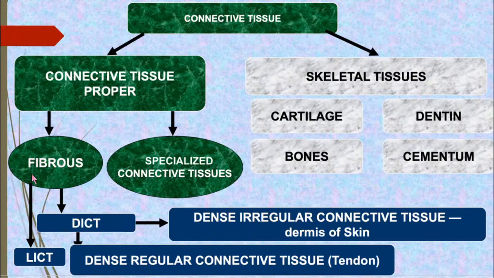Fibrous connective tissue is divided into loose irregular connective tissue, shortly LICT, and dense connective tissue, which is divided into dense irregular connective tissue, as in the dermis of skin, and dense regular connective tissue, as in tendon. So dense connective tissue is very widely represented in the human body.